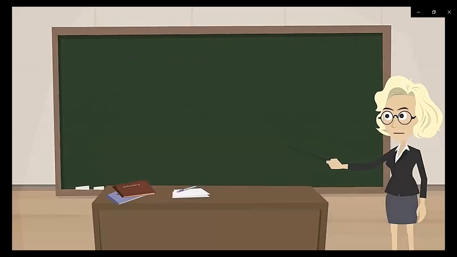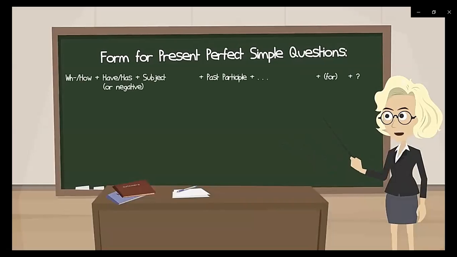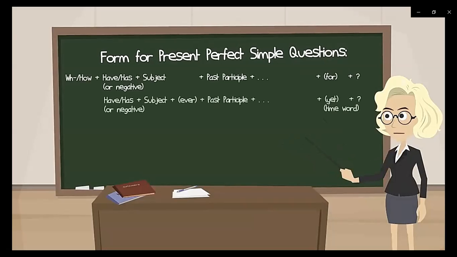Now let's have a look at the form for present perfect simple questions. For open questions, the form is WH or how question word plus have, has, or their negative form plus the subject plus past participle plus whatever you want to say plus for. Now the for is optional. For yes/no questions, the form is have, has, or their negative form, plus the subject, plus ever.